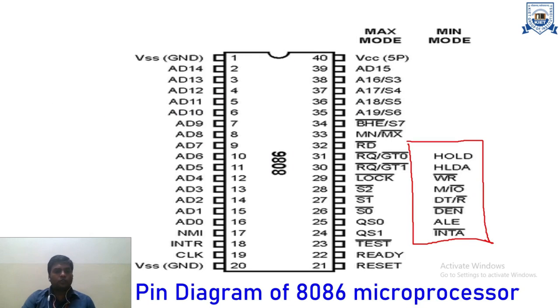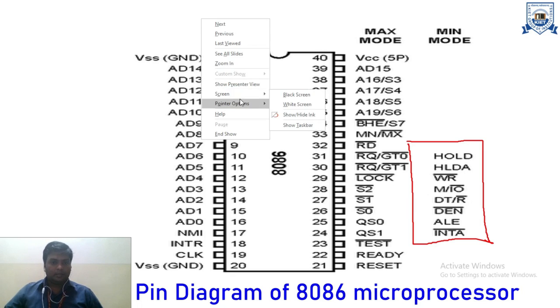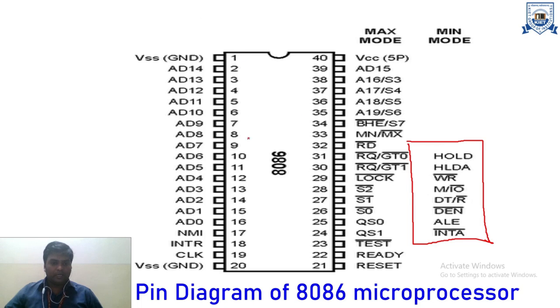Most of the pins for maximum mode and minimum mode are the same. Very few pins are different. In the pin diagram of minimum mode of the 8086 microprocessor, pins 1 to 20 are the same as in maximum mode.